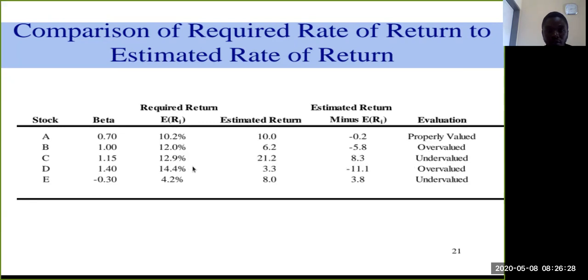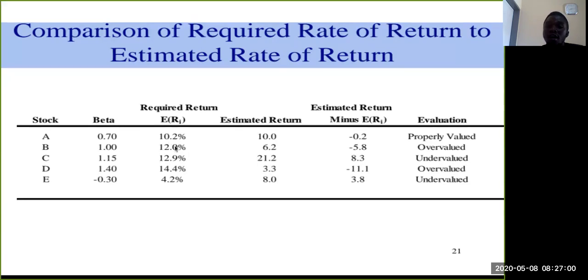For D, we got 14.4%, which compared to 3.3% gave us negative 11.1%, and it showed that it was overvalued, because what we required at the end of the day was 14.4%, which was our expectation, and we see that this expectation was overvalued.